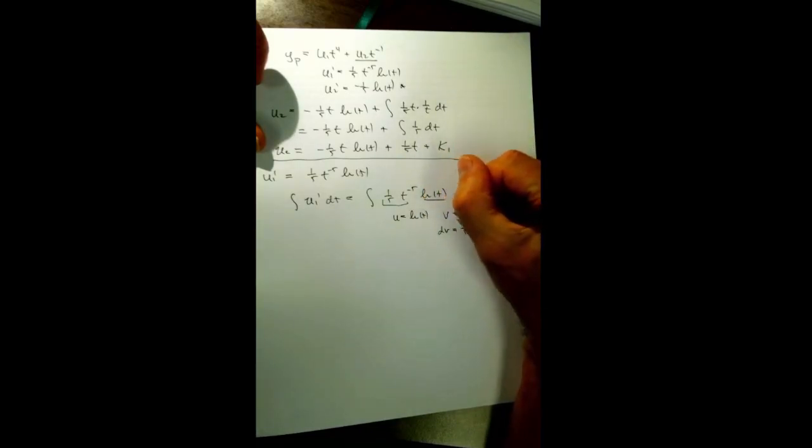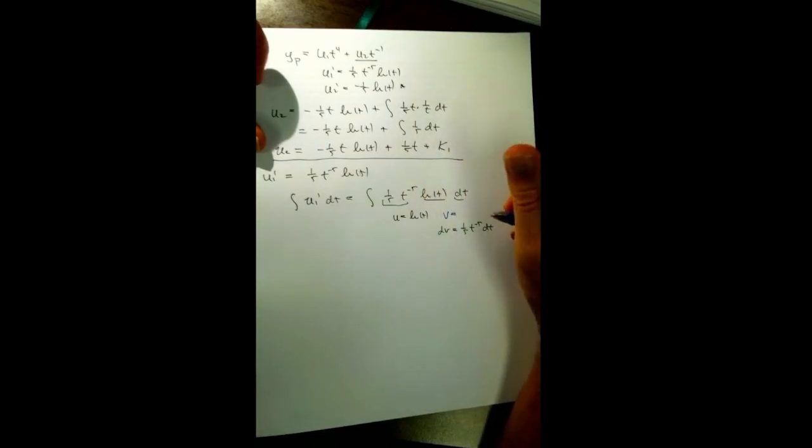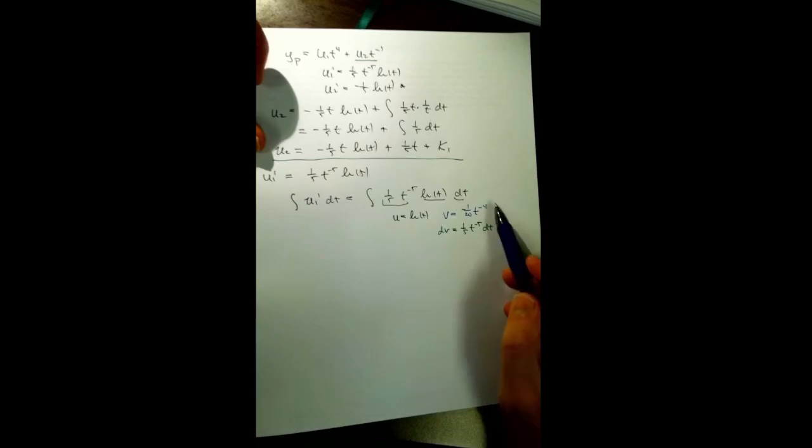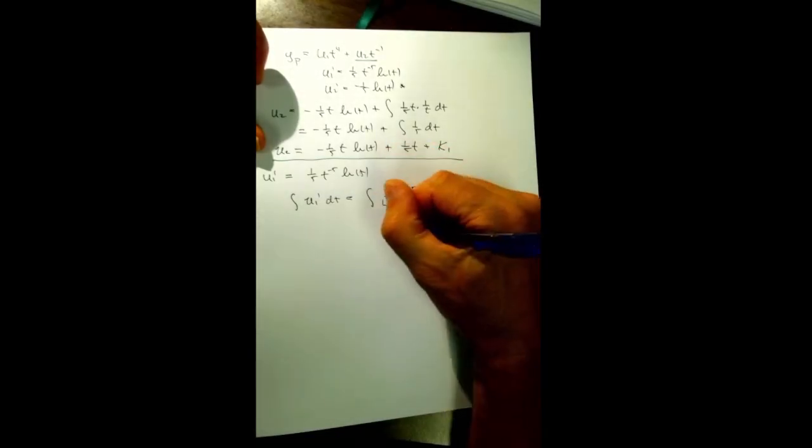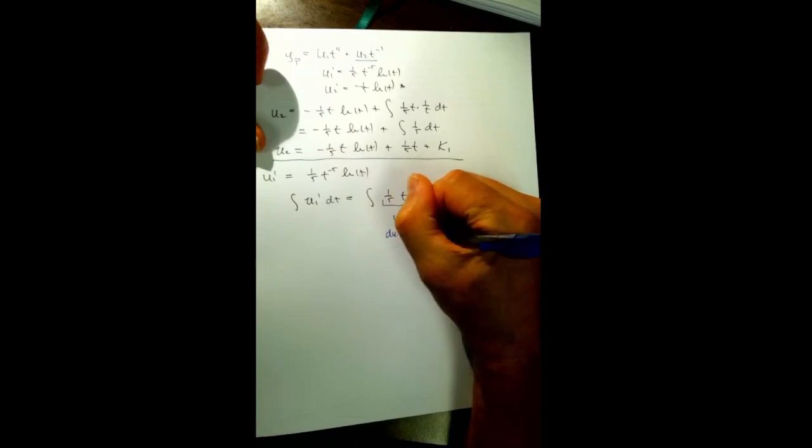And so now the antiderivative of 1/5 t to the minus 5, so it's going to be what, minus 1/20th t to the minus 4th, is that right? If I bring down a minus 4, this becomes 1/5 t to the minus 5th. Derivative of u is 1 over t dt.